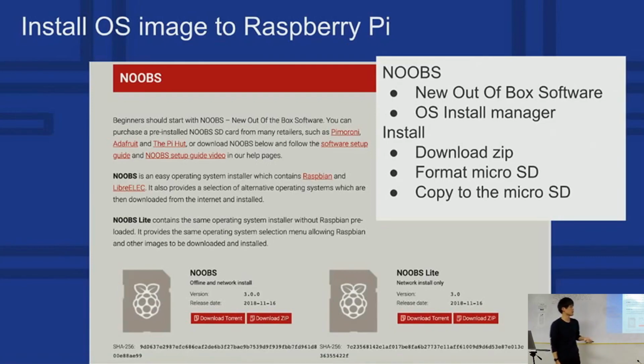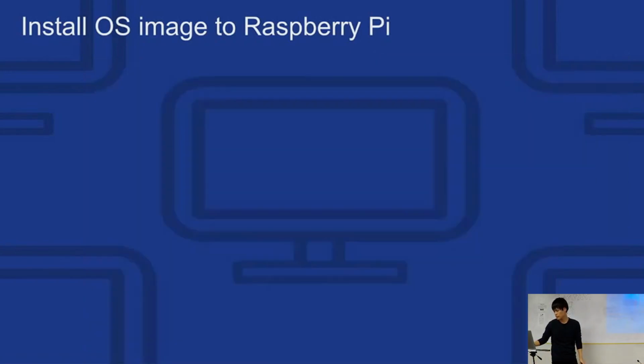You just copy the files to your SD card. So you finish preparing the OS images, and you insert your SD card into the Raspberry Pi and power on.